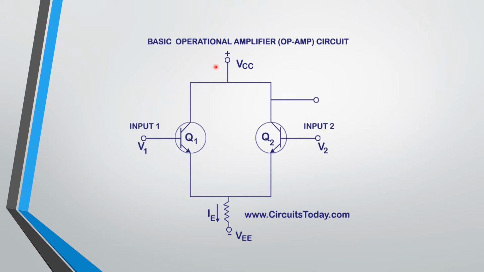Here, plus VCC and minus VCC, these are the two power supplies applied to the collector terminal of transistor Q1 and Q2. Input is applied to the base of transistor Q1 as V1 and to the base of transistor Q2 as V2. This is the basic operational amplifier's circuit diagram.